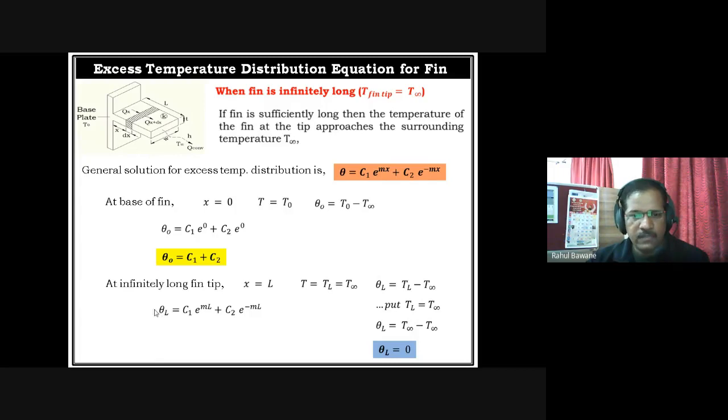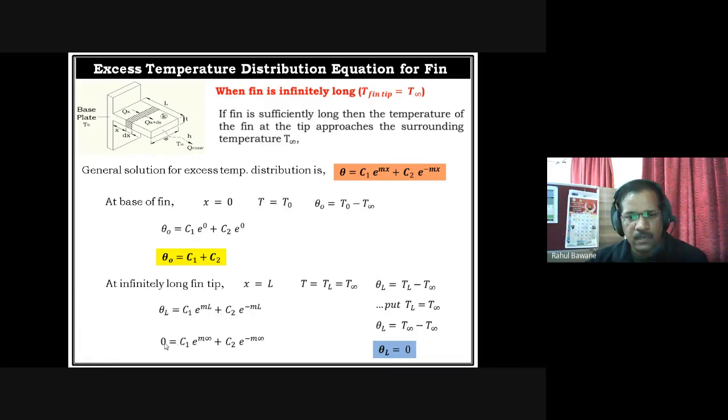Now we have the equation for the infinitely long fin: theta equals C1 e raised to the power mx plus C2 e raised to the power minus mx. So x will be replaced by L, and no doubt we are talking about infinite length, so L will be infinity.